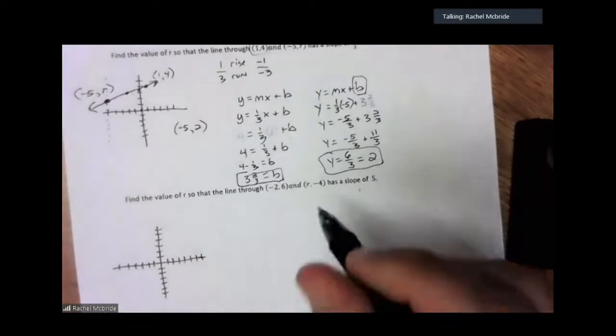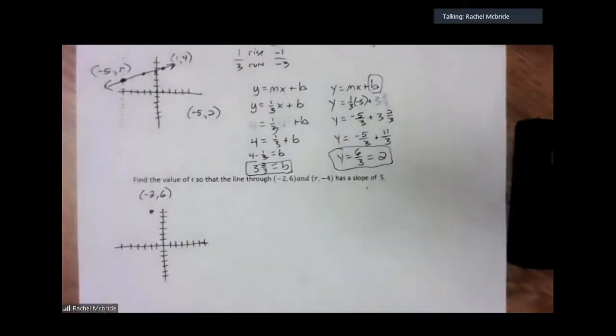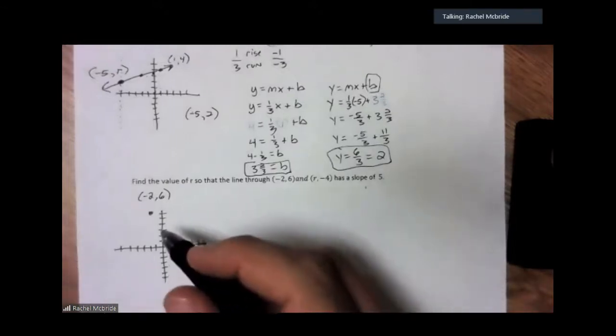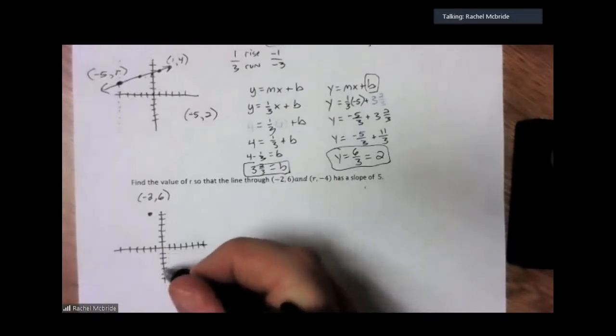If I put my first point, -2, and all the way up to 6, there's my first point. There's -2 and 6. Now I want to know what point goes through r and -4 that has a slope of 5. So I could come down here and do 1, 2, 3, 4. Here's -4, so somewhere along this line here, I'm going to have a line that goes through this.